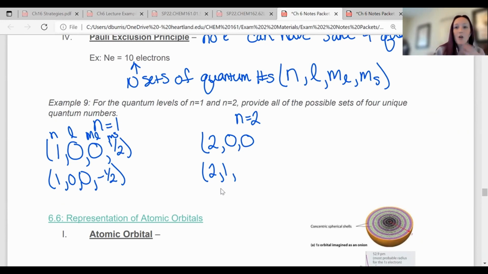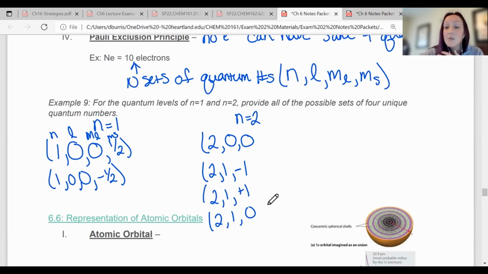So now we're starting to get a whole lot of combinations here. If it's 0, it can be 0. If it's 1, it could be -1. It could be 2, 1, +1, or it could be 2, 1, 0. Those are all of my options for the first 3 numbers. And then the last number can either be +1/2 or -1/2. So I'm going to make all these +1/2.